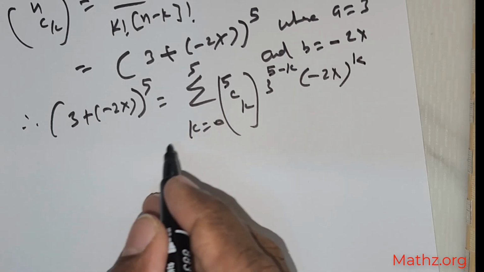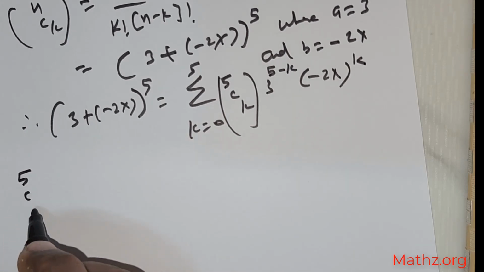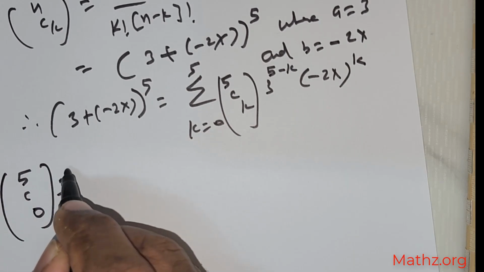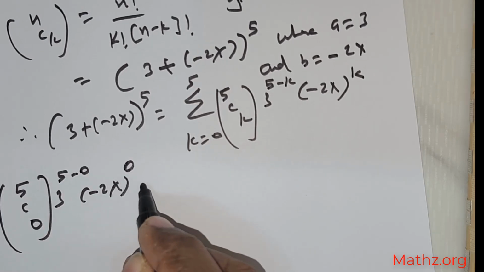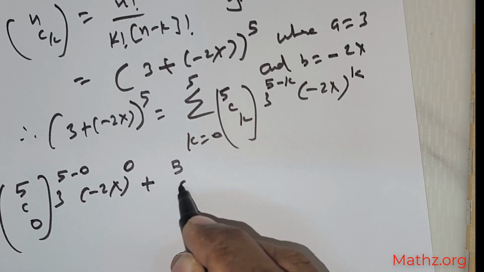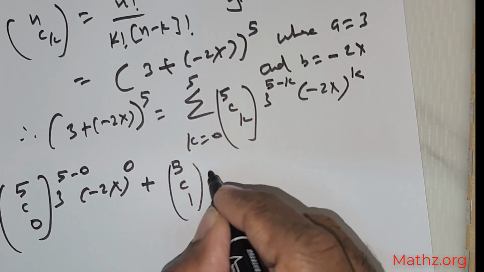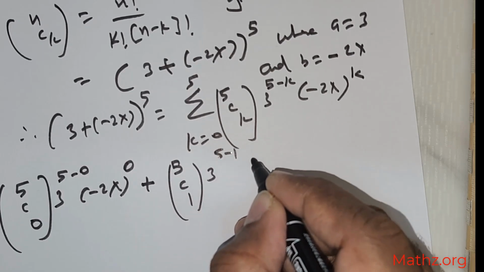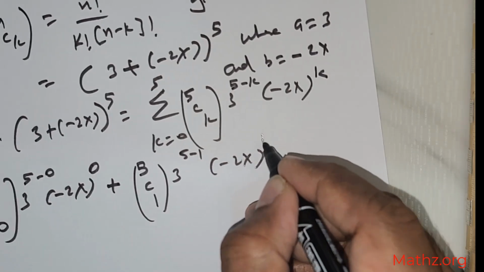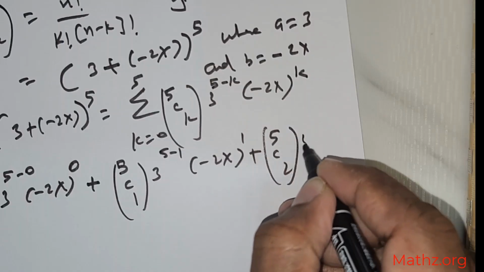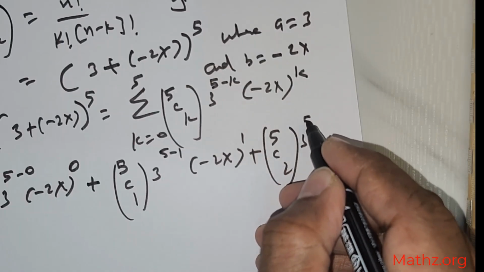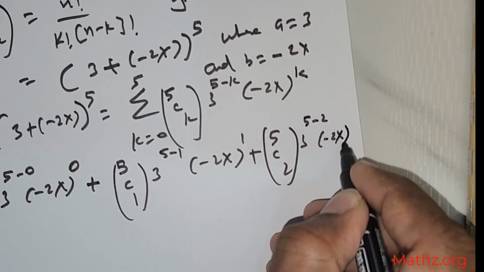Now I'm going to write the terms. When k is equal to 0, you get 5C0 times 3 raised to the power of 5 minus 0, times (−2x) raised to the power of 0. And k is equal to 1, 5C1 times 3 raised to the power of 5 minus 1, times (−2x) raised to the power of 1, plus 5C2 times 3 raised to the power of 5 minus 2, times (−2x) raised to the power of 2.